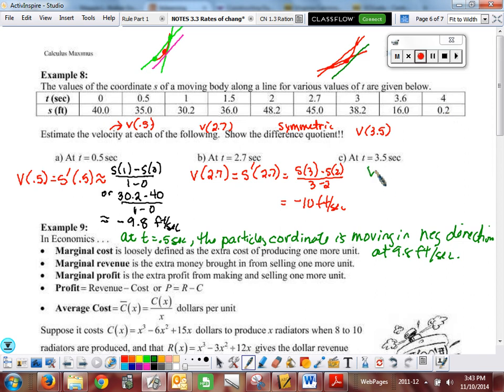So for V of 3.5, a better estimate is probably going to be the symmetric difference quotient. So again, equals S prime of 3.5, and I'll use S of 4 minus S of 3 over 4 minus 3.